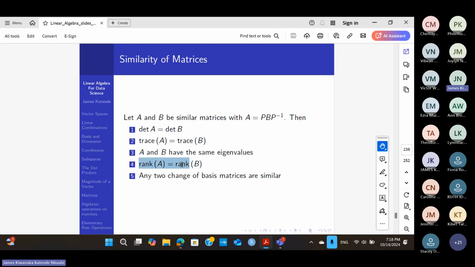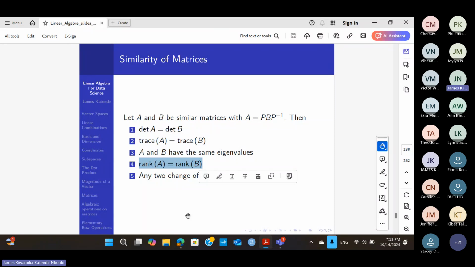This other one connects similar matrices, they have the same rank. This follows from the fact that the rank of a matrix is invariant to multiplication by an invertible matrix. If you multiply a matrix by an invertible matrix, the rank of the product will not change. It's the same as the matrix itself.